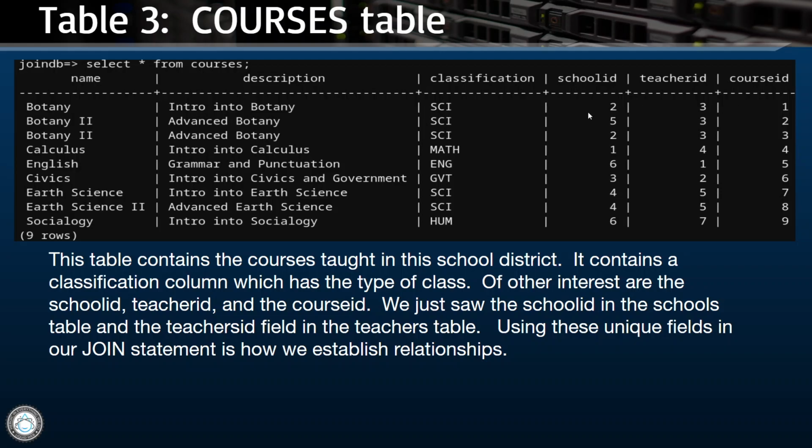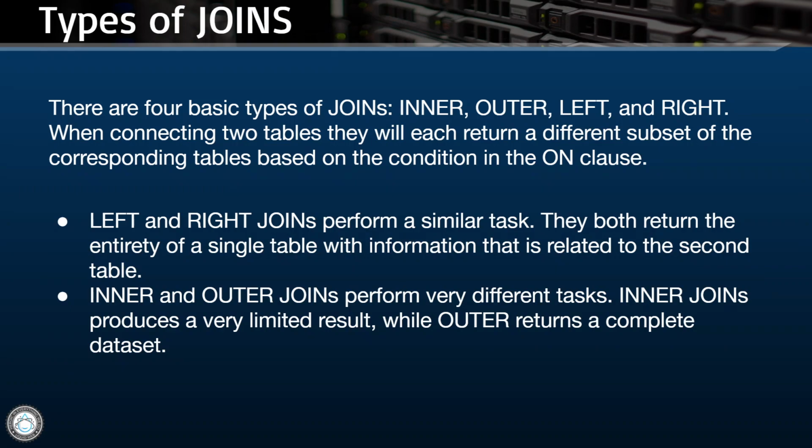So, for example, if we look at the first row, we know that the botany class is taught in the school with a school ID of number 2, and it's taught by a teacher whose teacher ID is number 3. So these are what we're going to use to set up our relationships or our joins.